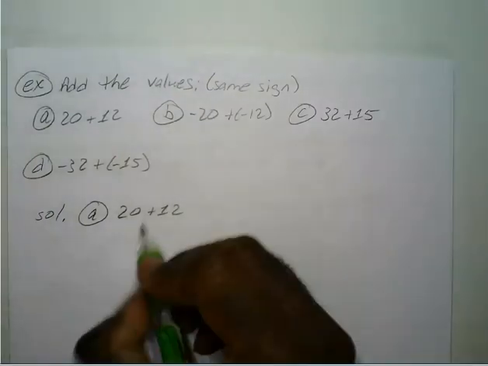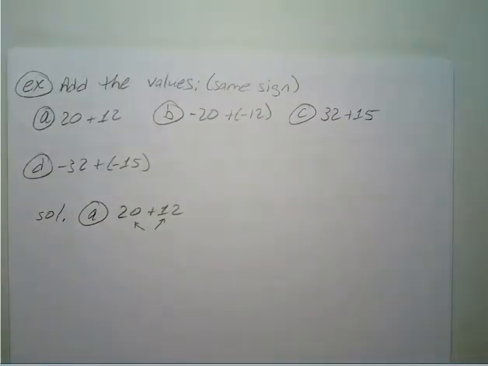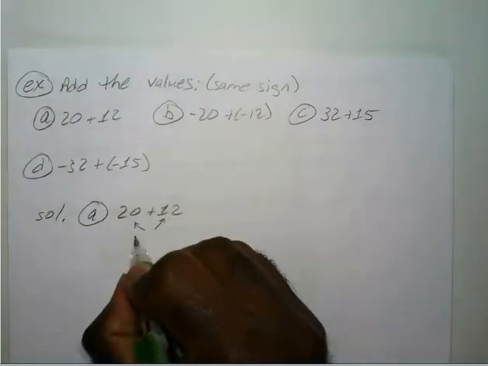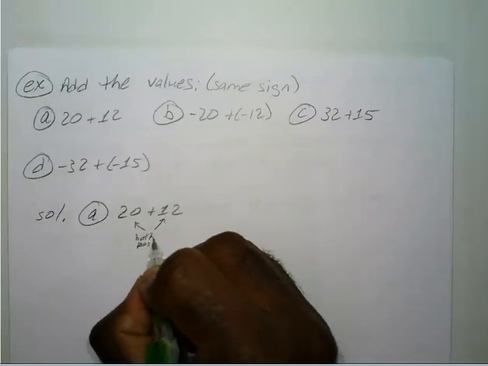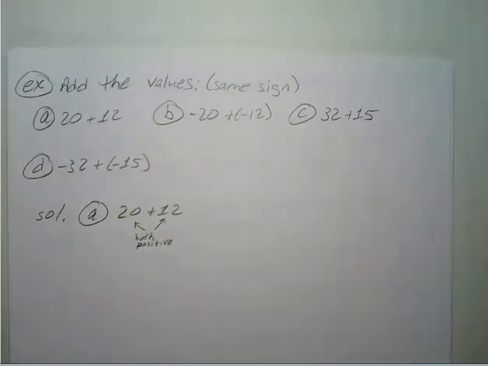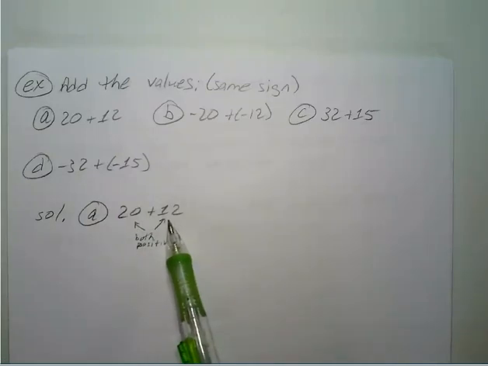We see here that both are positive. And you actually don't have to add the absolute value when they're both positive, because the absolute value of 20 is 20 and the absolute value of 12 is 12.